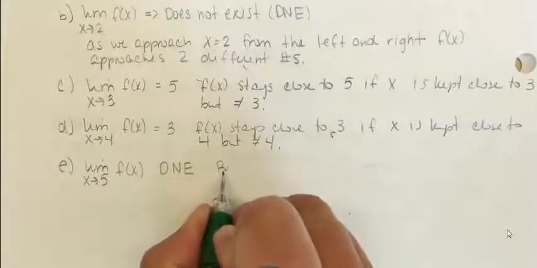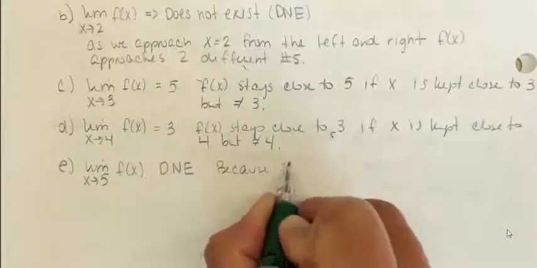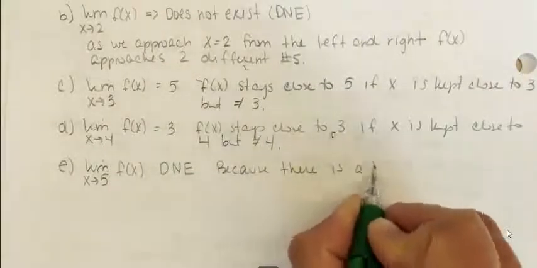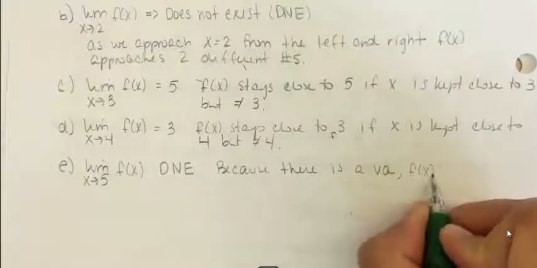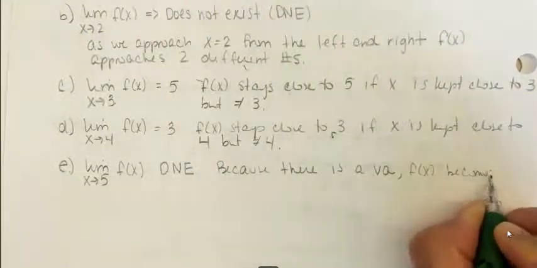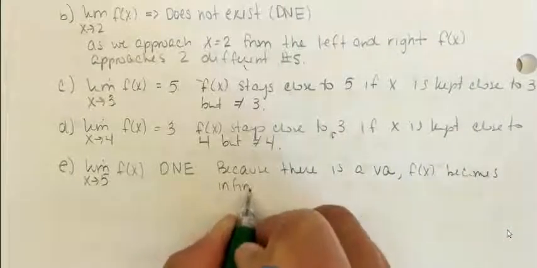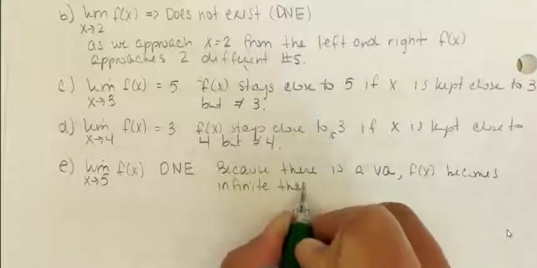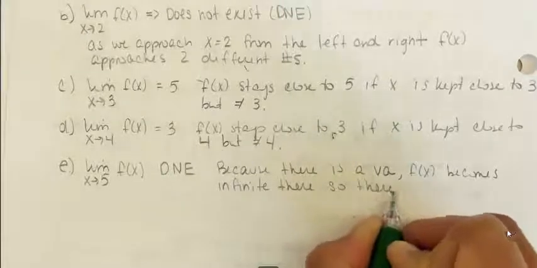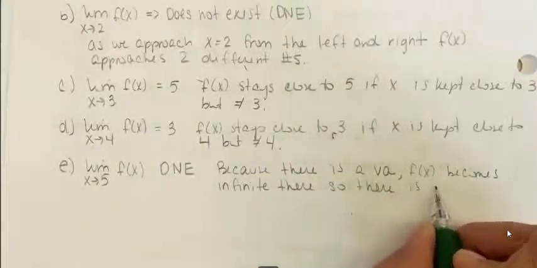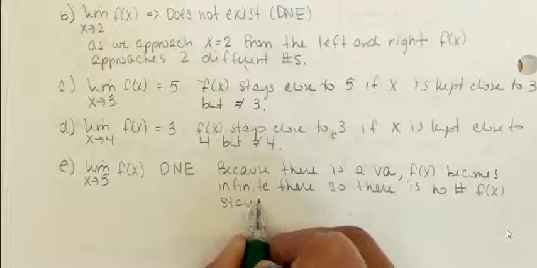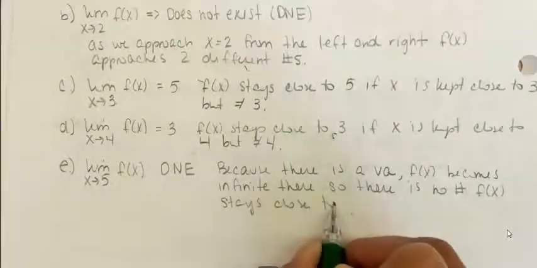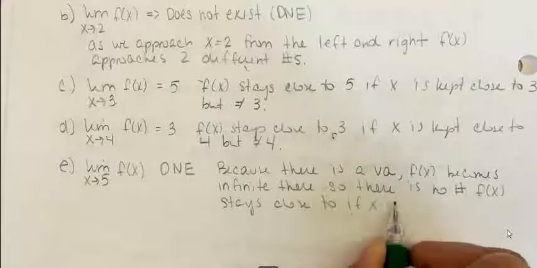So we can say because there's a vertical asymptote, I'll abbreviate VA, but if you don't know that, then you should write it all out. f of x becomes infinite there. So there is no number f of x stays close to if x is kept close to 5.